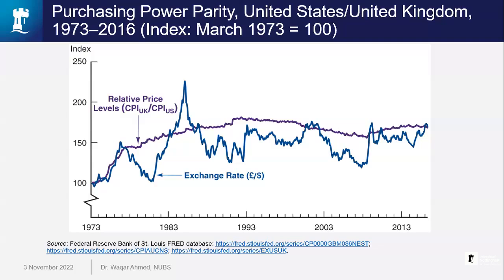In the first period, you can see the two move together, but in this period it deviates. But in the long run, it should hold. So the law of one price holds in the long run, but not in the short run.